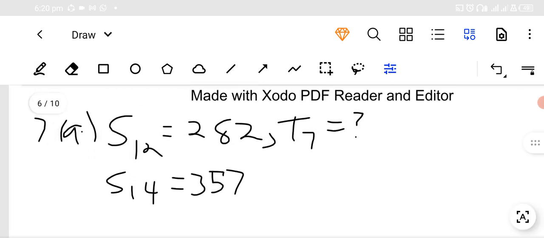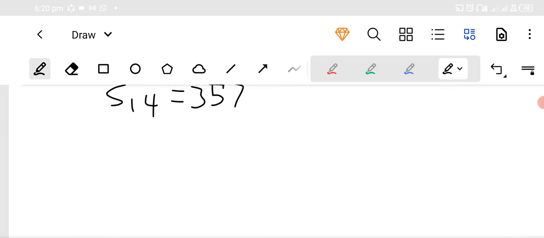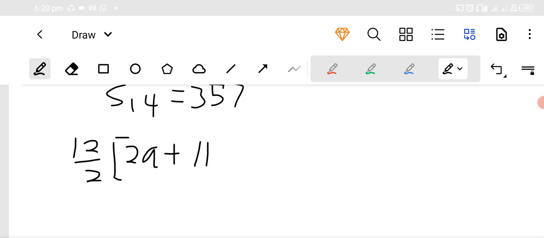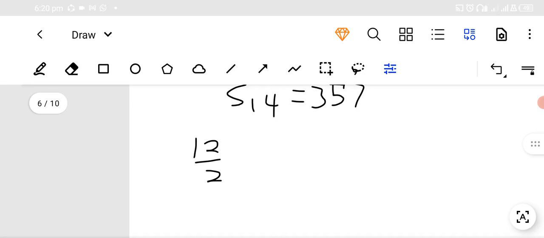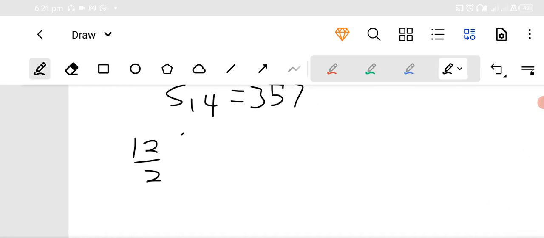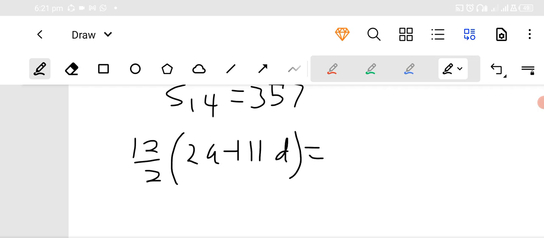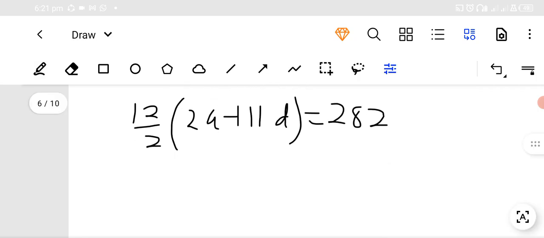Okay. Sum of the first 12 terms. So we know that 12 divided by 2 multiplied by 2a, which we don't know, plus 12 minus 1, which is 11, multiplied by d. So it would be written like this: 12 over 2, 2a plus 12 minus 1, which is 11, multiplied by d, is equal to 282 from the information given.